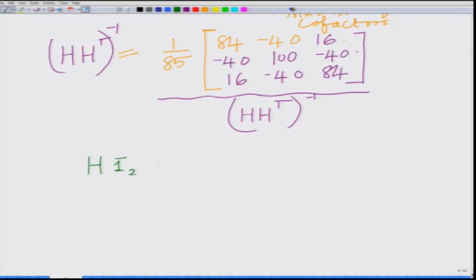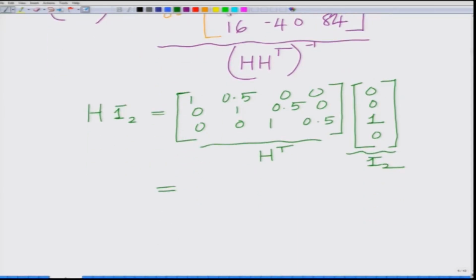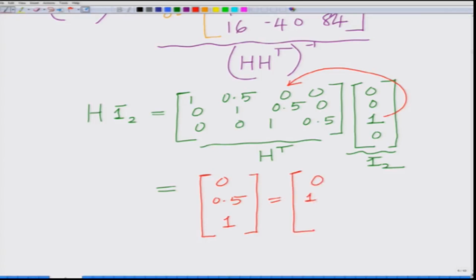H into this vector 1 bar 2 is basically your matrix 1, 0.5, 0; 0, 1, 0.5; 0, 0, 1 times this vector 1 bar 2, that is 0 0 1. 1 bar 2 simply picks the second column, starting the count from 0, and you can multiply this, that is simply 0.5 1, or in other words, 0, half, 1.